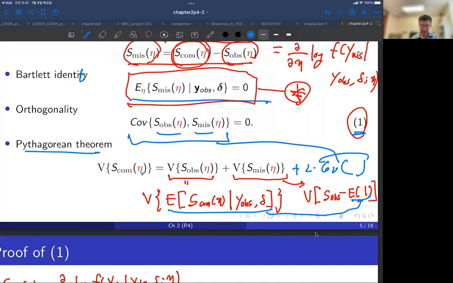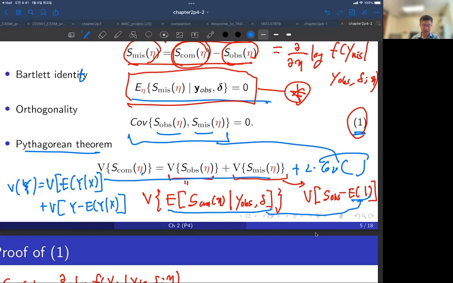If you write it as y, we have the variance of the expectation of y given x, plus the expectation of the variance of y given x, or something like that. So the expression here resembles this kind of ANOVA decomposition.